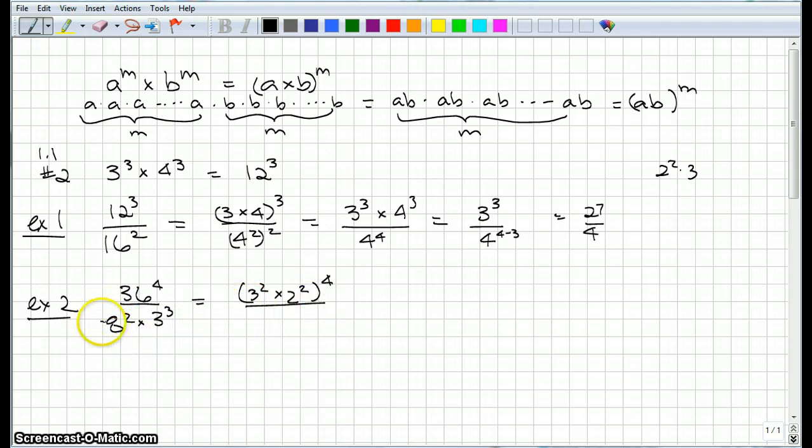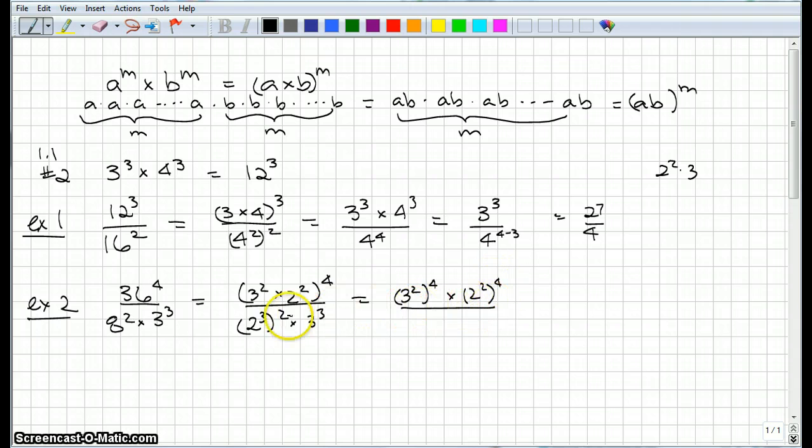And now let's break this up into its prime factors. So the 8 is 2 cubed, so we can write this as 2 cubed squared, and 3 is already prime, so that is still 3 cubed. All right? And then we can distribute this 4, or we could write it as 3 squared to the fourth times 2 squared to the 4th.